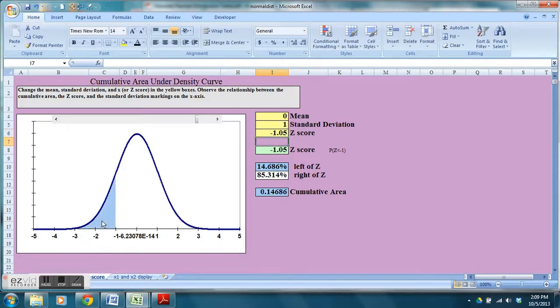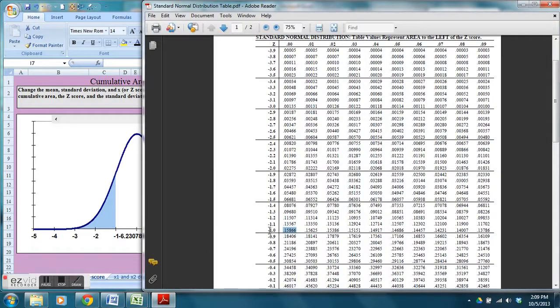There. This is the probability that we're interested in. Let's look that up in the table. -1.0 right here, -1.00, -1.01, -1.02, -1.03, and so on, -1.05. This guy.